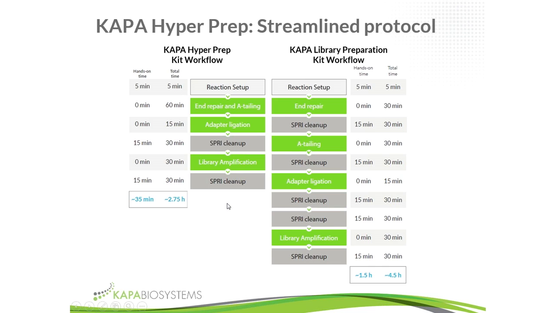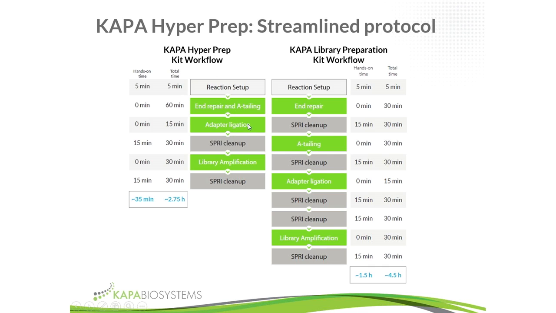Then we set out to streamline the protocol because, as in many pipelines, there's a challenge to produce libraries quicker and reduce the overall turnaround time, especially for clinical sequencing. What we found was that when we took the cleanup steps out of our well-optimized protocol, library yields dropped a lot, so we had to reformulate the chemistry entirely in the streamlined kit.